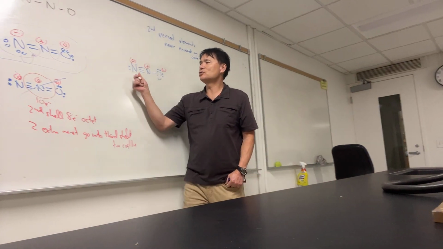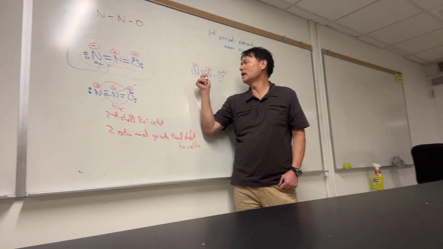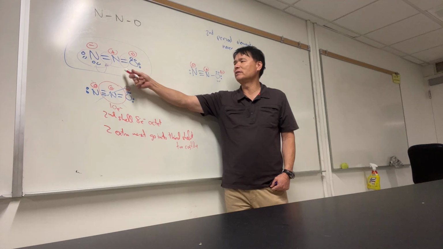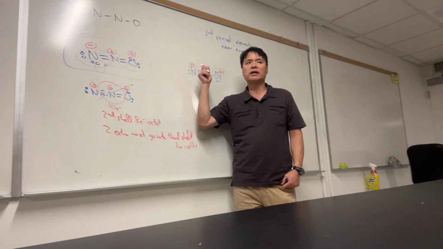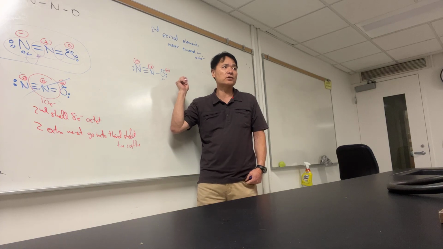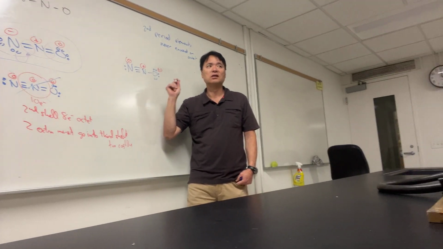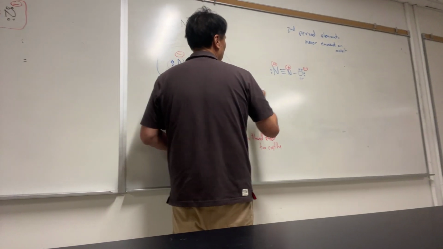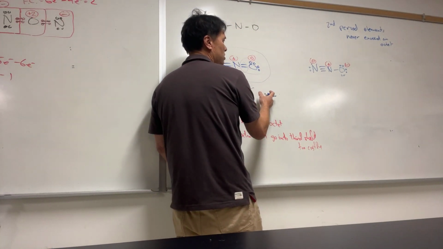So between these two structures, the middle nitrogen doesn't change. The only difference between these two structures is we have an extra electron on nitrogen or we have an extra electron on oxygen. Which one do you think prefers the extra electron, nitrogen or oxygen? Oxygen. Oxygen prefers the extra electron. But how much more does it prefer?